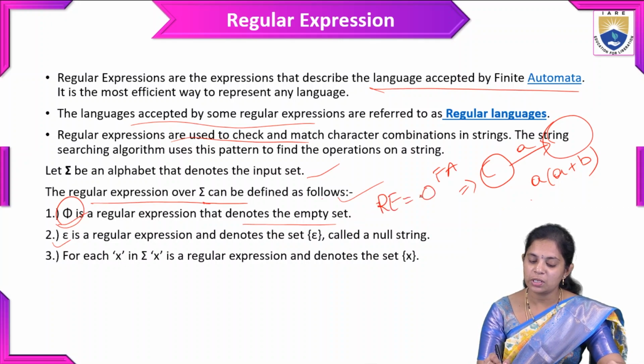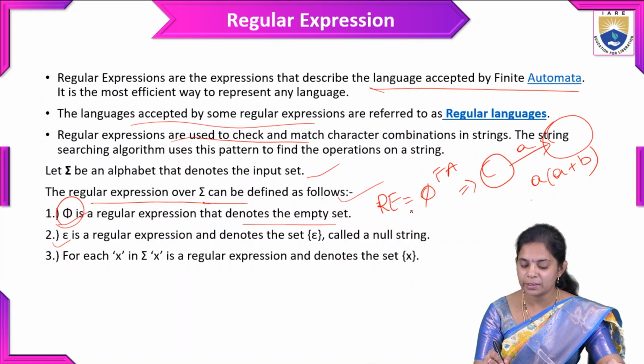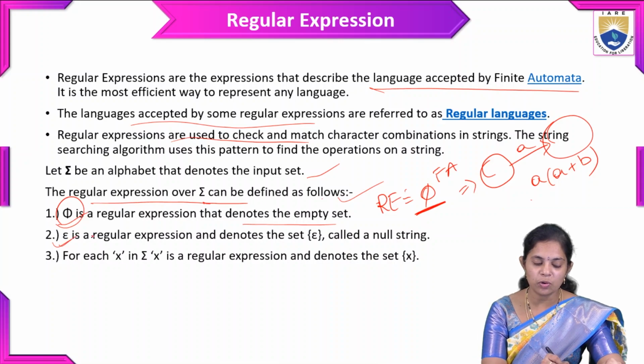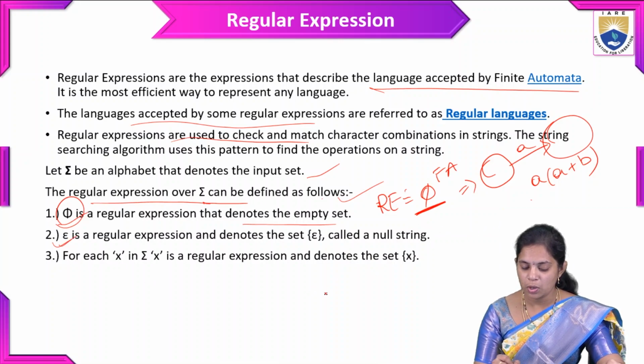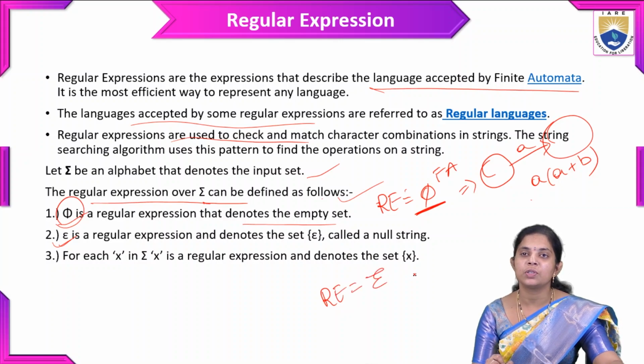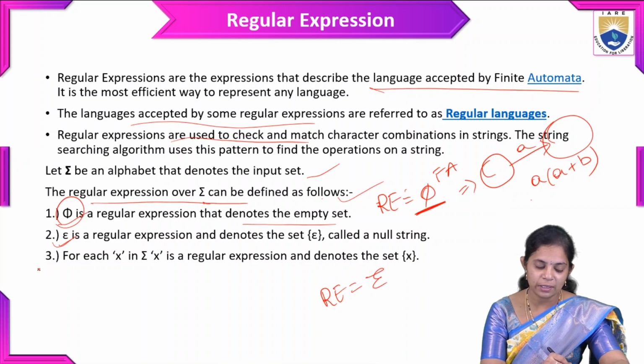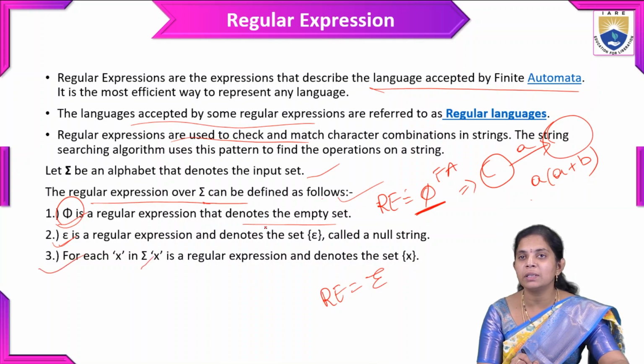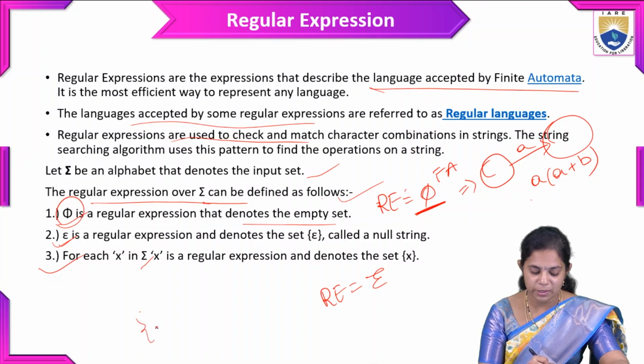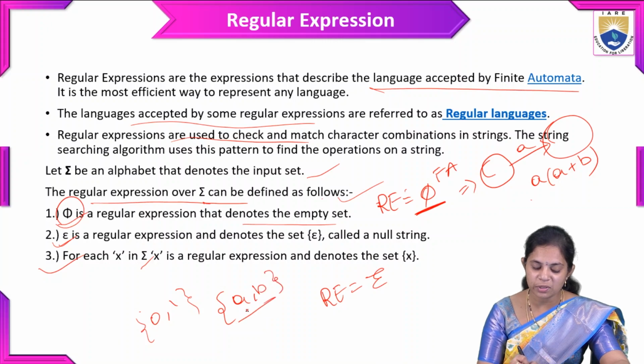Like that, epsilon is also a regular expression. And then there is the combination over sigma. In sigma, if we have 0 comma 1, or a comma b, and so on, however many inputs there are, we can form the regular expression with these sigma symbols.